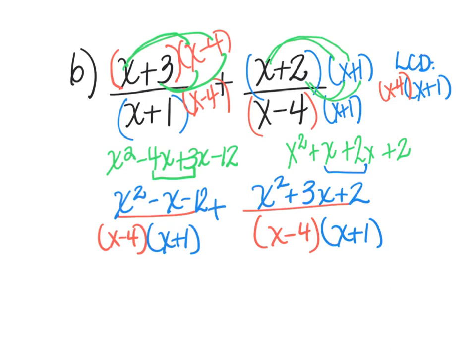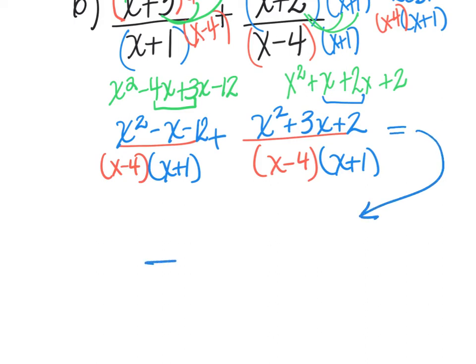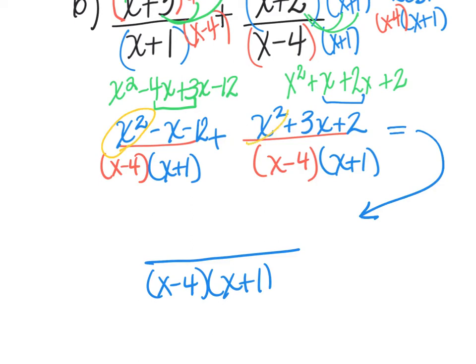All right, so now I have fractions that have a common denominator. So I'm ready to add them, which means I'm going to keep my common denominator and just combine my numerators, combining like terms. So I have an x squared and an x squared. So 1 plus 1 is 2x squared.